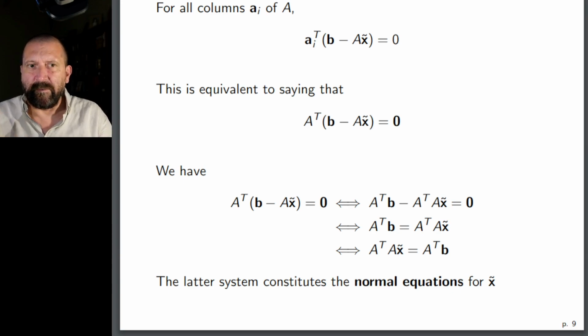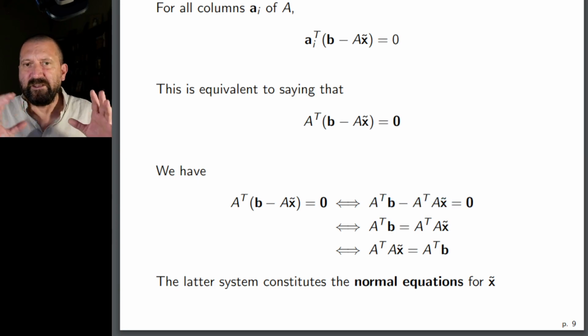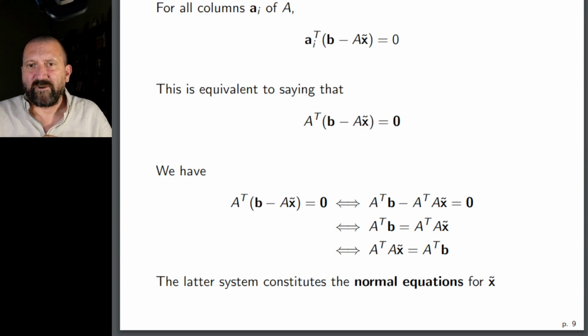And we know that matrix multiplication is distributive over vector addition or subtraction. So I can expand this. This is A transpose B minus A transpose A X tilde. And this is what I've written here. I've simply expanded this product, this subtraction.